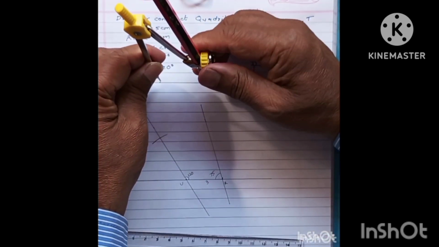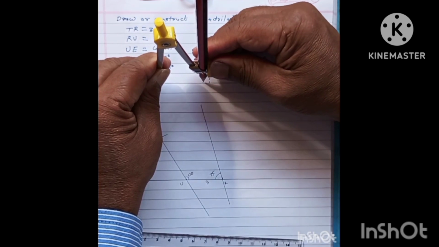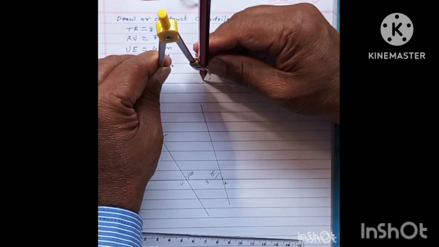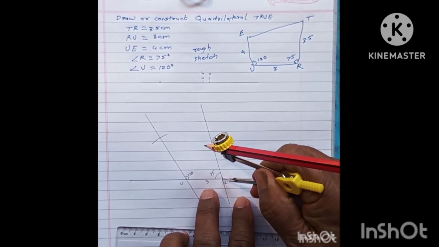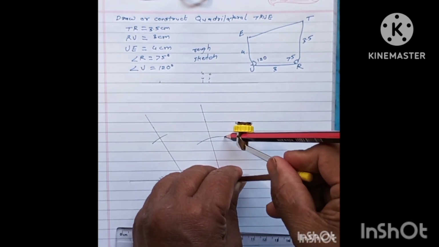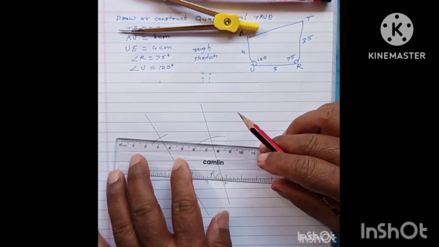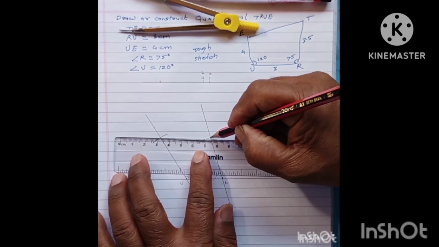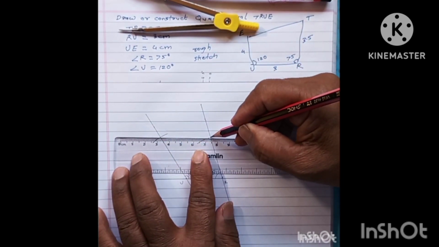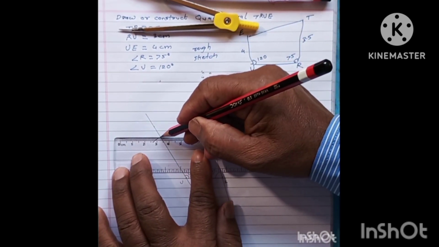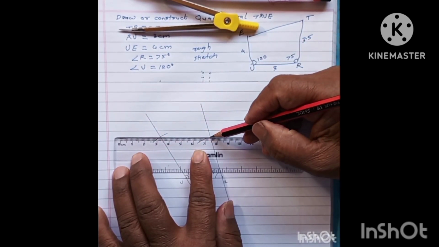And another is 3.5 from R where T lies. So this is T, the intersection of the line and arc. Now join this, confirming that both the points are on the line you are going to join. So yes, just confirming it, and draw this.